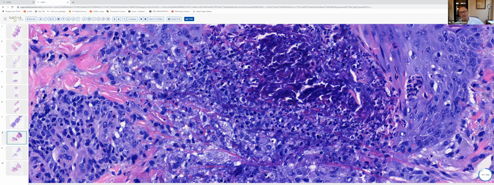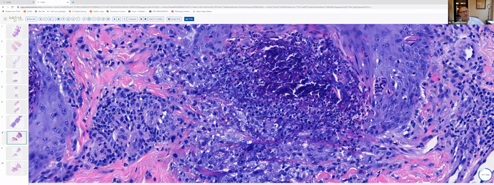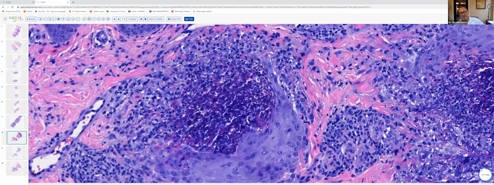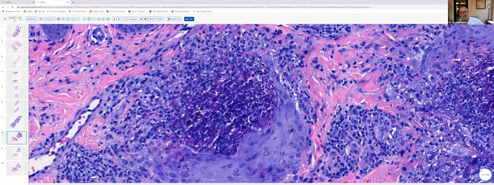There's an increased number of these. And if we look at this channel over here, again, cup-shaped invagination, we see a lot of neutrophils and these fairly uniform, bulky, refractile fibers present within the dermis.